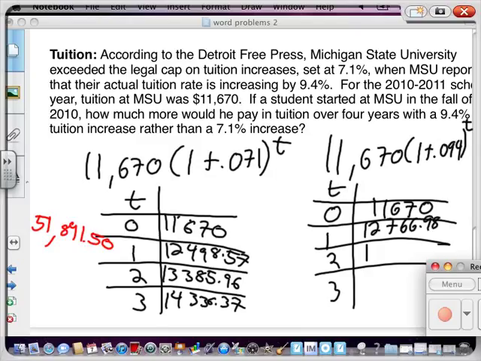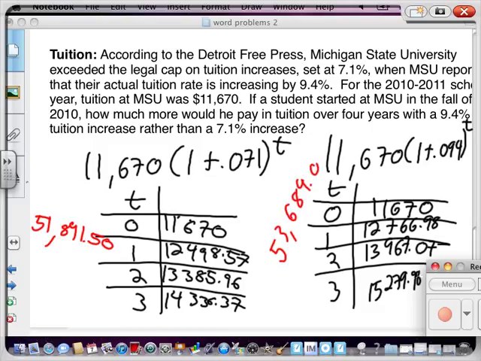The second year, it costs $13,967.07, excuse me. And in the third year, it costs $15,279.98. Well, when I add these all up together, I get $53,684.04.